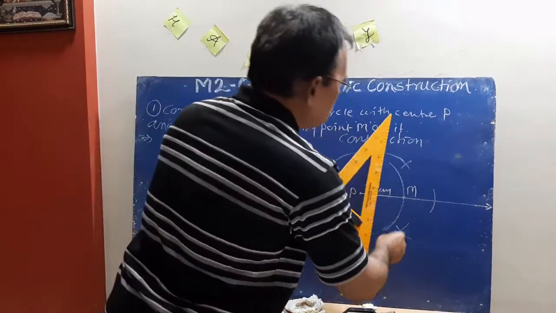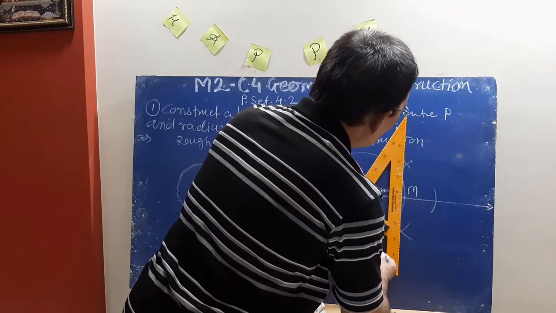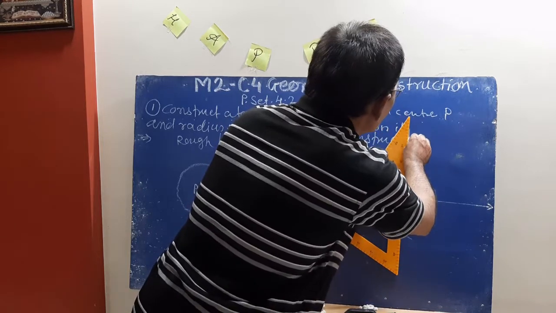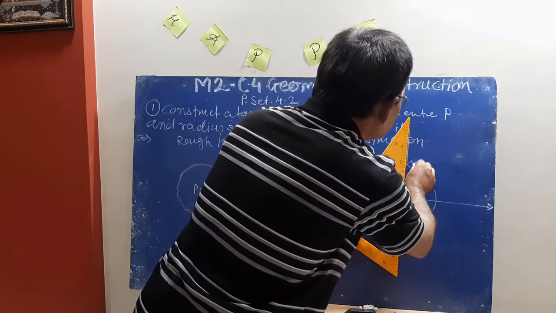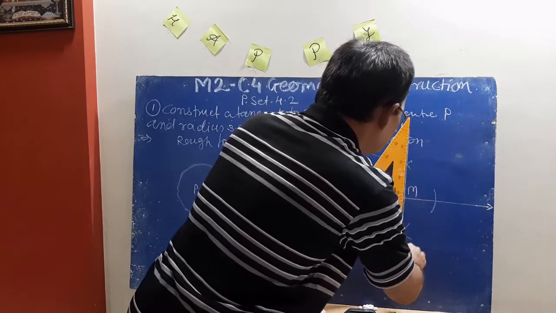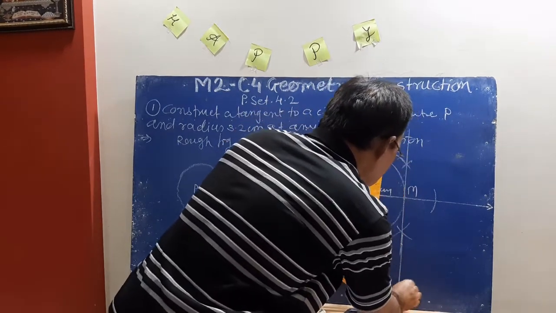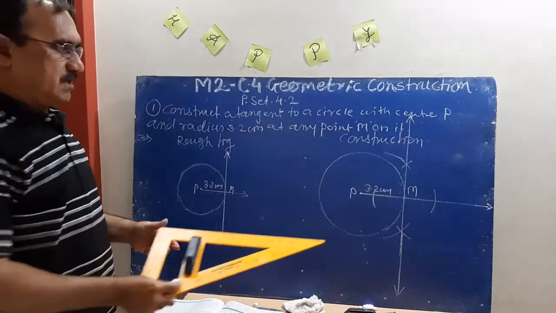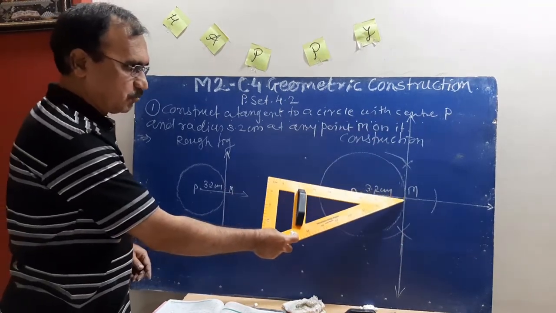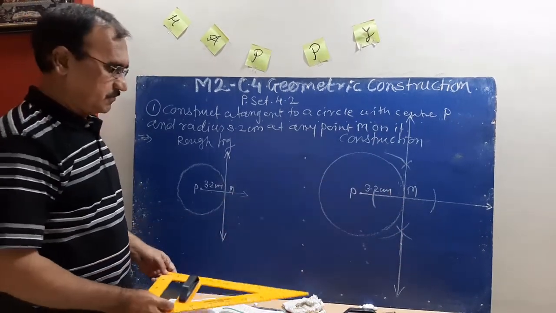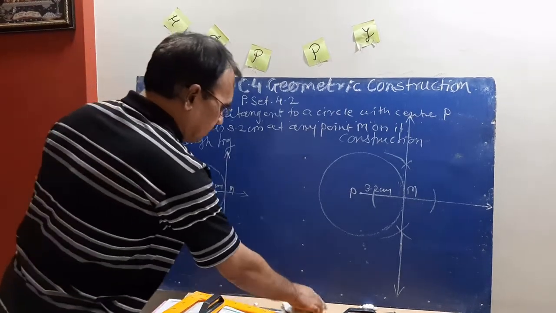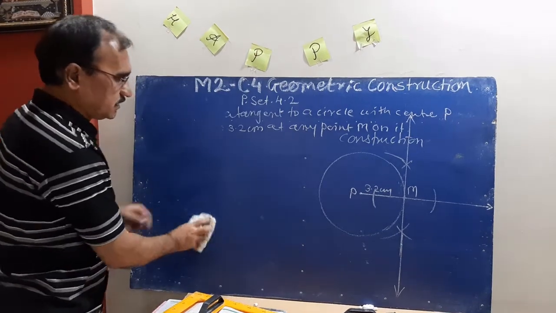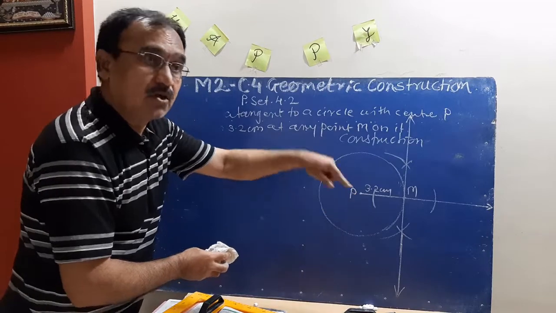Then if we join these 2 points, this is the tangent which is passing through point M. See, this is very easy. This tangent is passing through point M. This construction is complete here. Very easy construction. Try to complete this, and then we will see the next one. This is using center. Now we will see without using center.